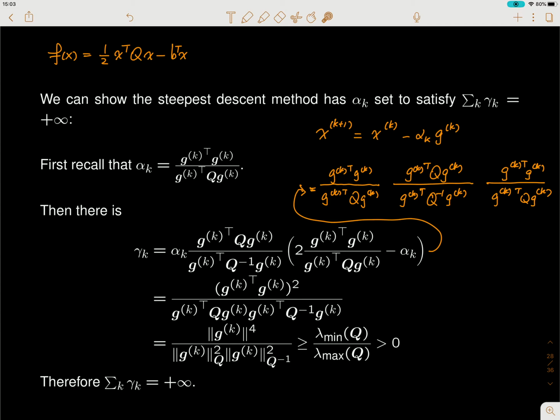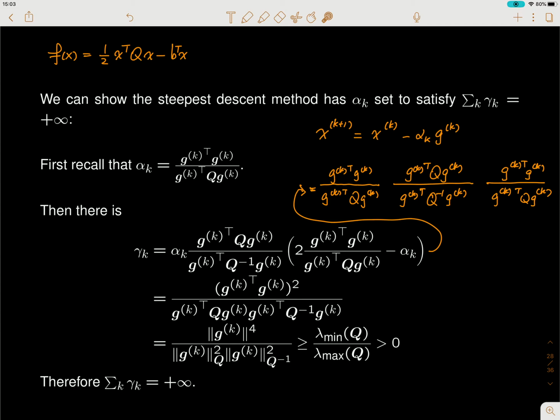The other one is that this quantity here is going to be greater than or equal to 1 over this. The reason is similar. It's because the squared Q norm of GK is less than or equal to the maximum eigenvalue of Q times the squared two norm of GK.